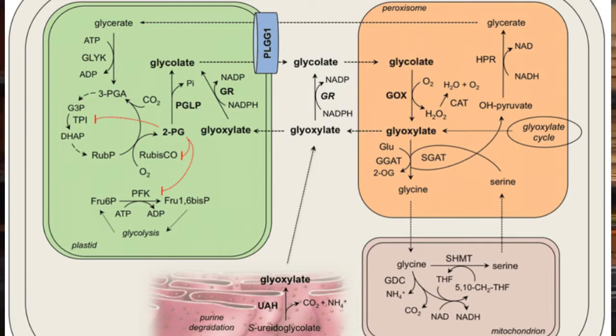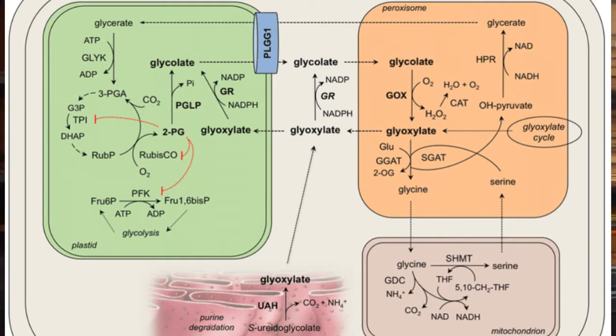So here you can see the ribulose bisphosphate, which is a Calvin cycle intermediate, is converted to phosphoglycerate, which is converted into glycolate. The glycolate comes out of the chloroplast and moves to the peroxisome, where glyoxylate is formed. From the glyoxylate, glycine is synthesized inside the peroxisome.